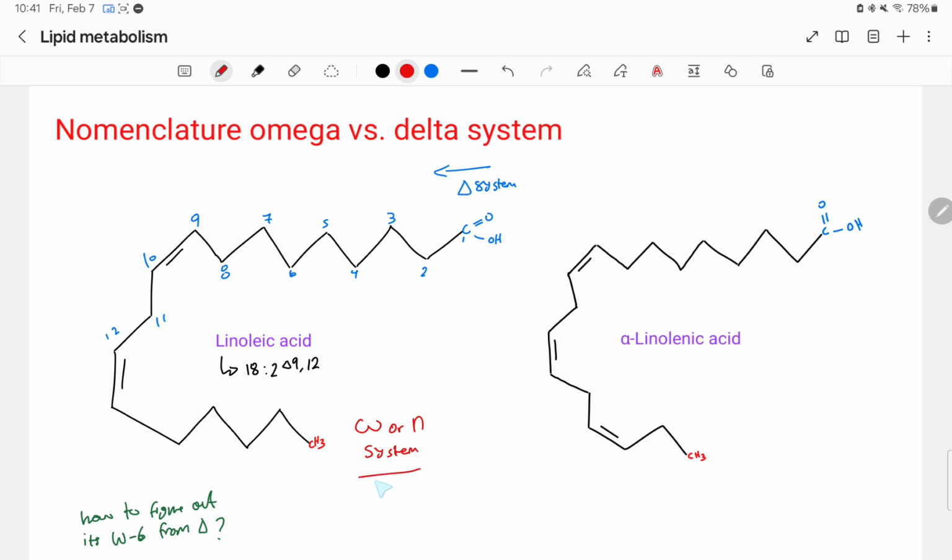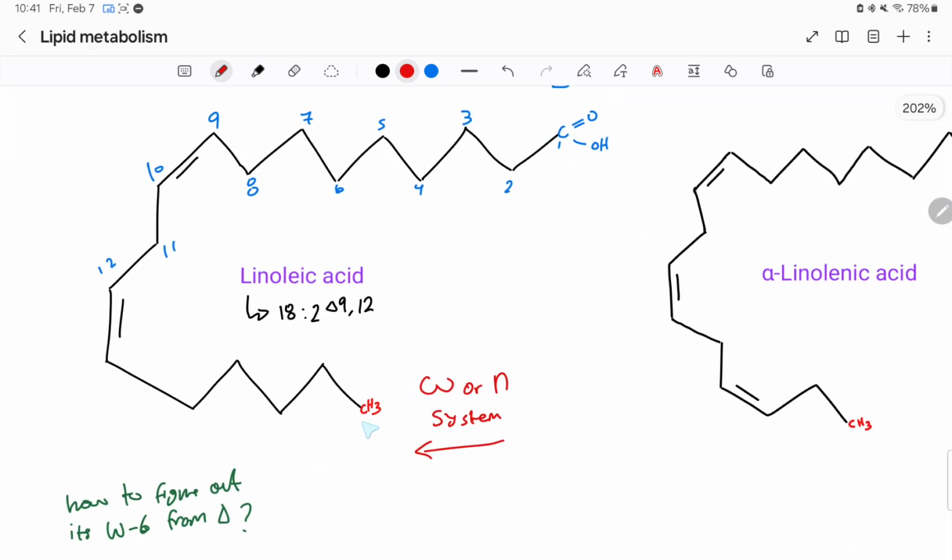And in this system, we actually start counting from the methyl end. So in the delta system, we counted from the carboxyl end. Over here, we start counting from the methyl end. So let's start counting. Here's our first carbon, second carbon, third carbon, fourth carbon, 5th carbon, 6th carbon, stop. We count in this system until we see the first double bond, and then we stop. That's it.